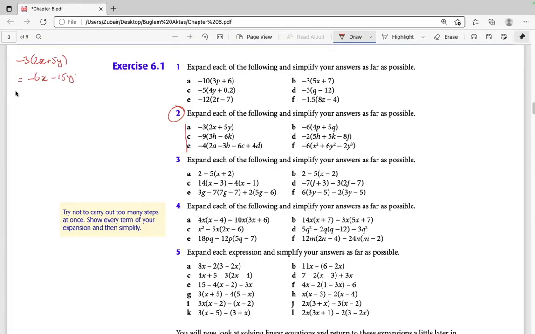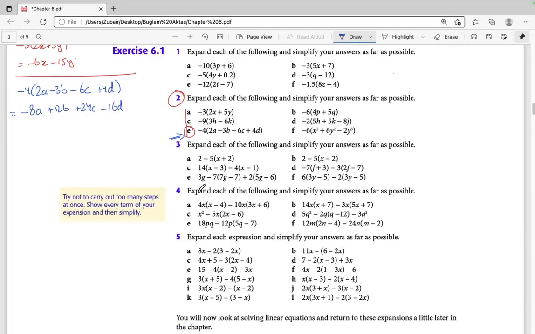Try this E part. Negative 8a plus 12b plus 24c minus 16d. Correct.